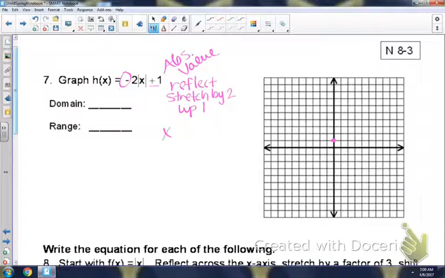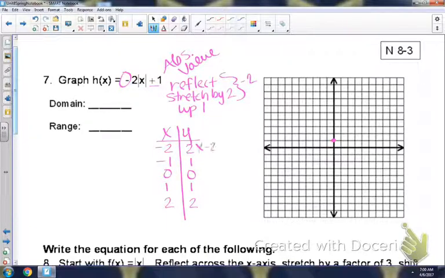Okay, I'm going to go ahead and write down my parent function values. Absolute value of x was -2, 2, -1, 1, 0, 0, 1, 1, and 2, 2. Okay, so we're having to reflect, which changes the sign, and stretch by 2. So I need to multiply my original y by a -2, because the reflection changes the sign, and then you're stretching by 2. So I'm going to multiply that by -2.